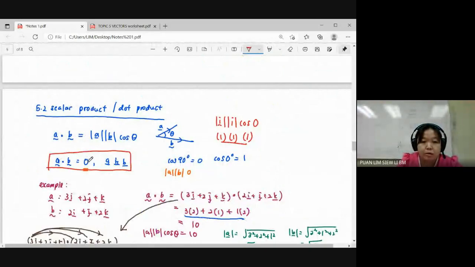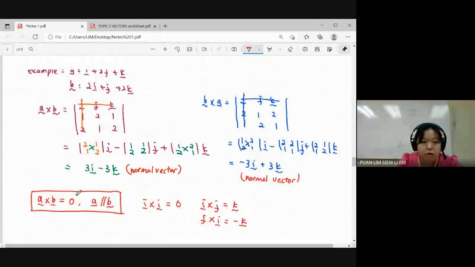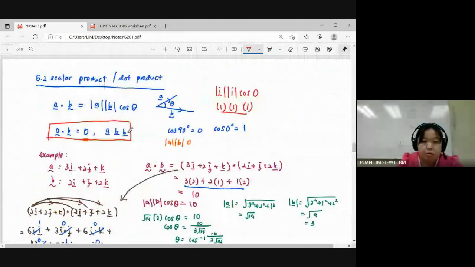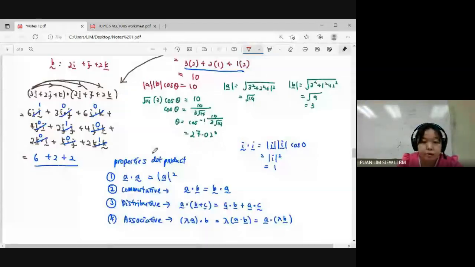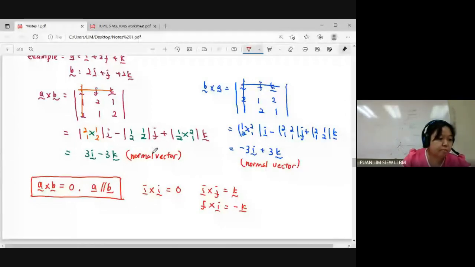A dot B 0 means perpendicular, A cross B 0 means parallel. Or the reverse: when parallel, use cross; when perpendicular, use dot. Okay? Okay, Miss. So let's go to the summary of properties.